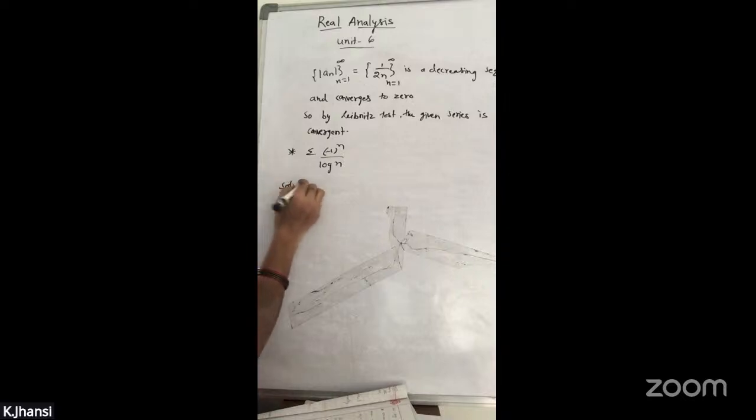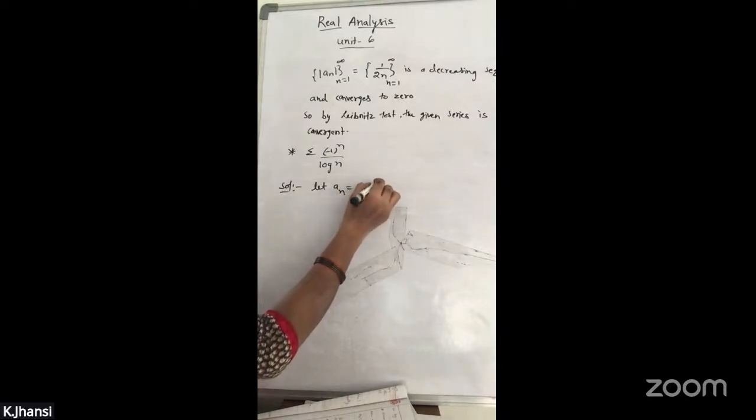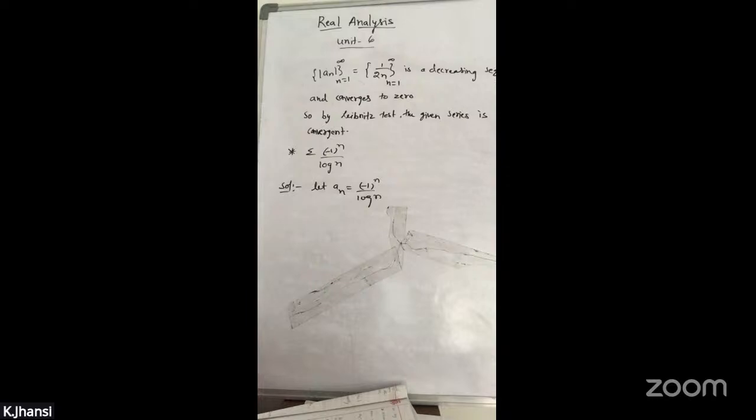So the solution is that here let an is equal to minus 1 to the power of n by log n. If you take the modulus of this one, you will get 1 by log n. So the values will be a decreasing sequence, and it also converges to 0.